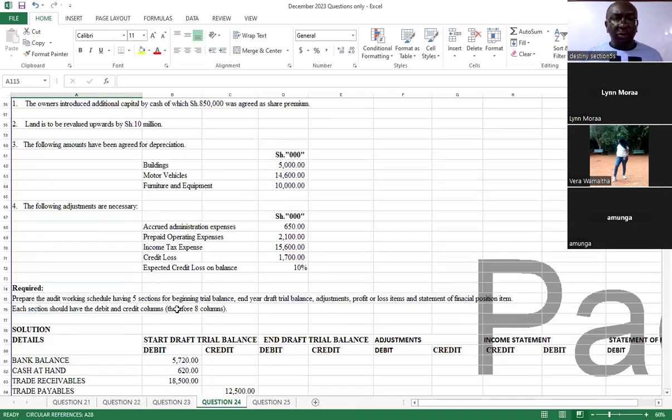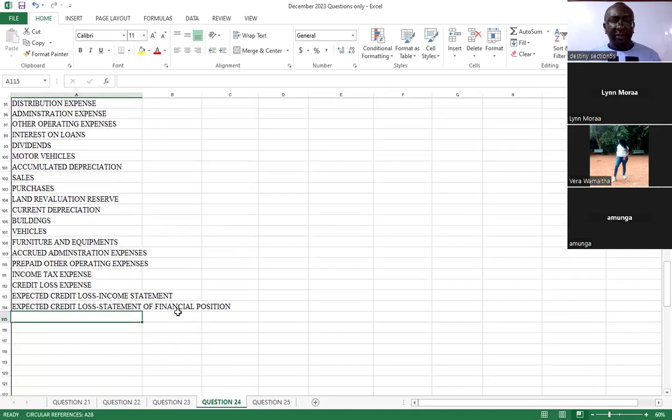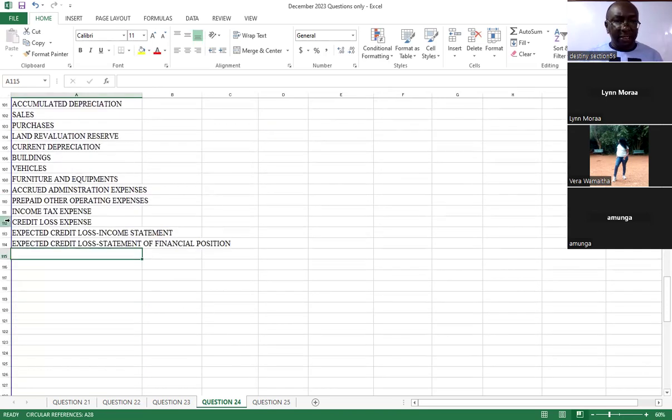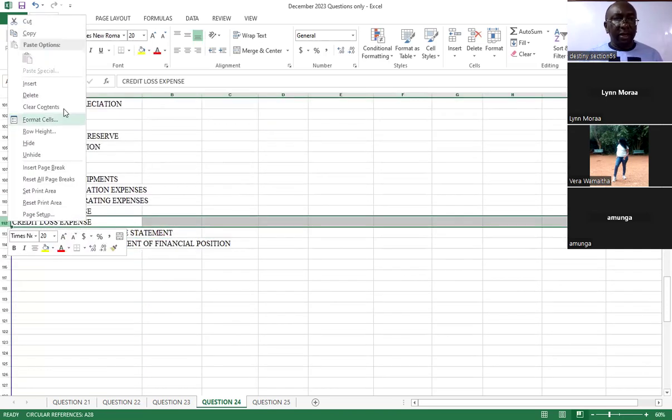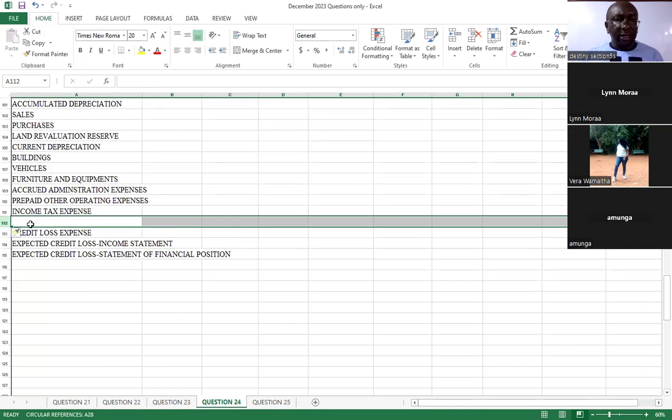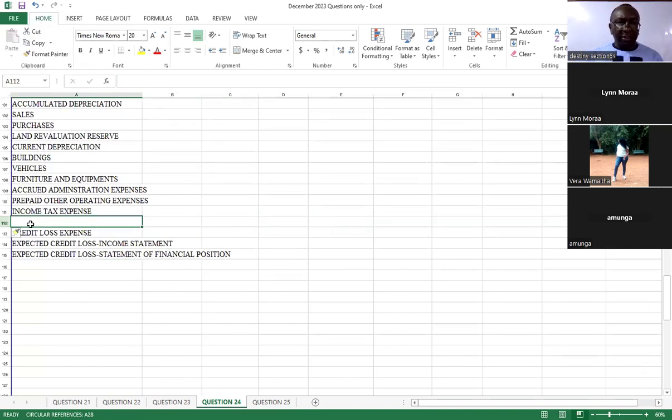So when they come to mention it here, it has not been paid. So we should have captured it here as a liability. Let's insert. So income tax liability. Should have captured. Can either insert ama wiweke tu huku chini.